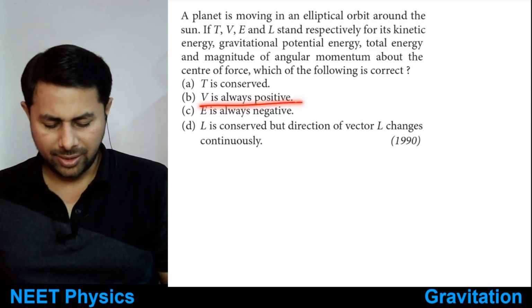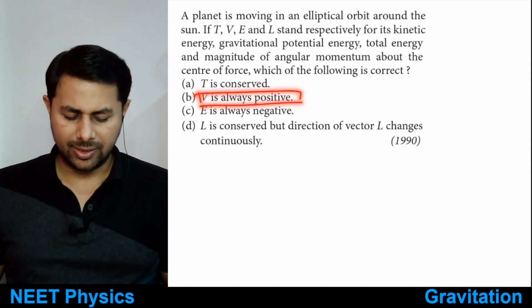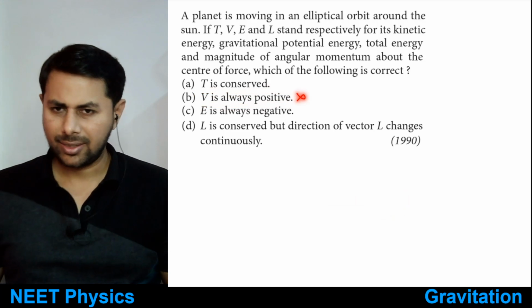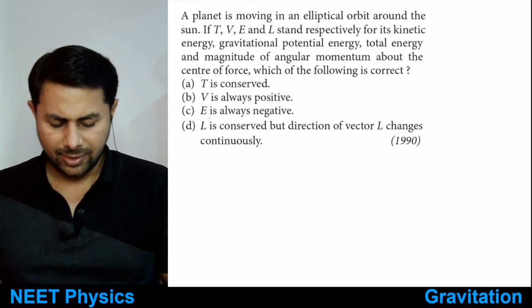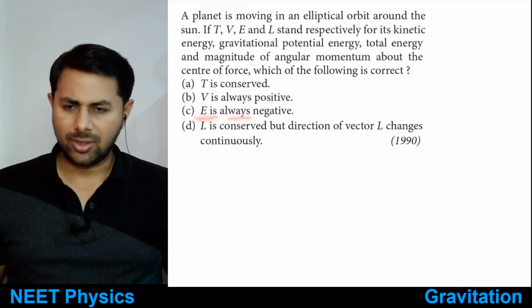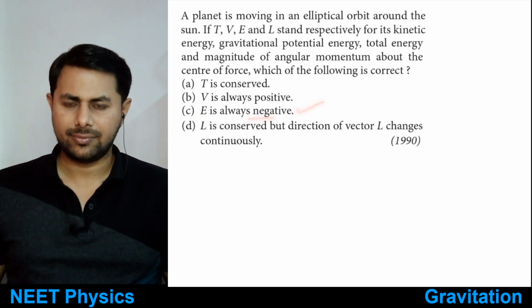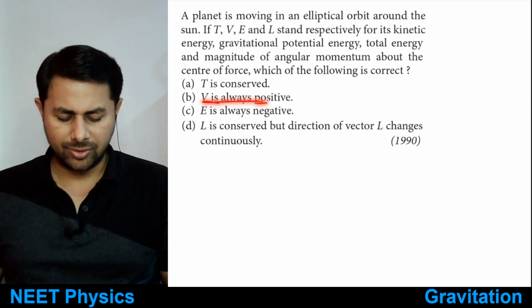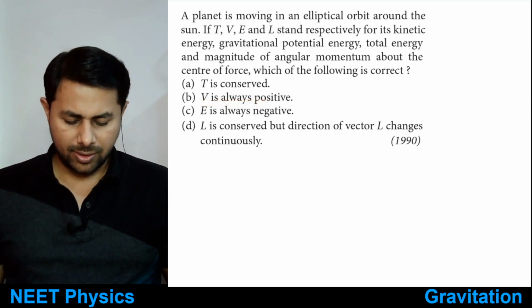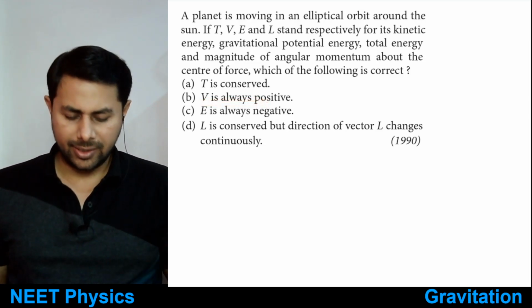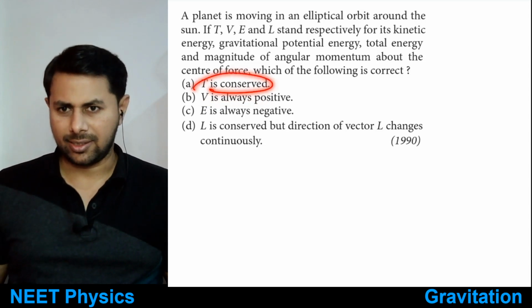So this is also not correct, right? And then E is always negative is the answer, because the potential energy would be negative and in magnitude it's greater than the kinetic energy.